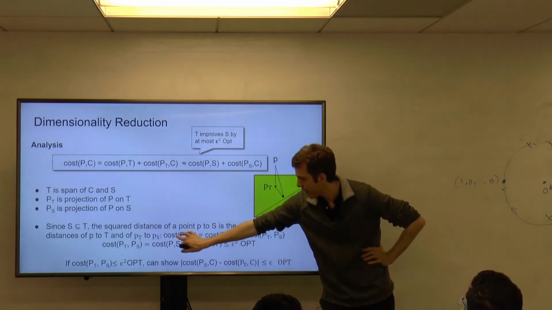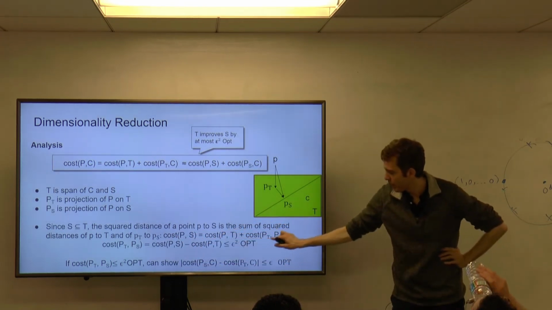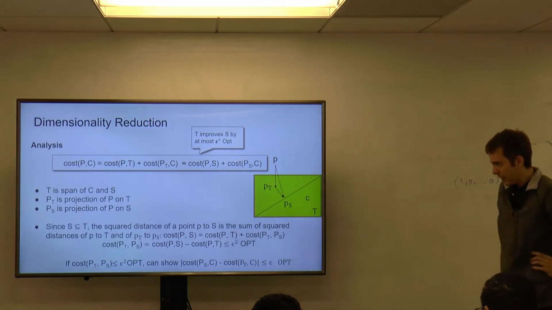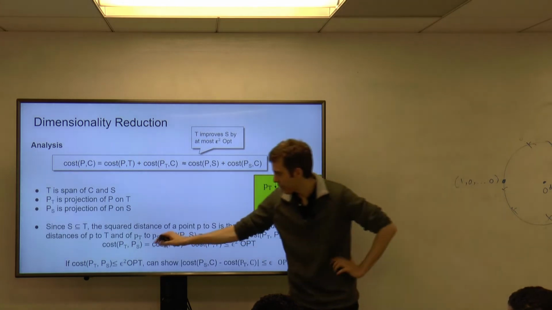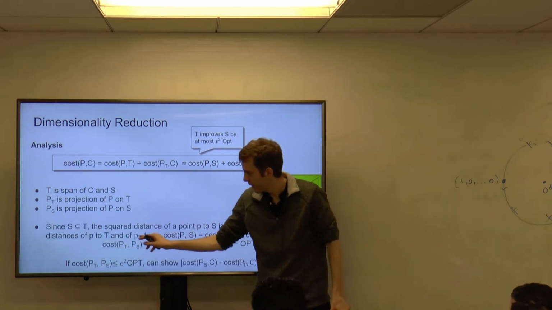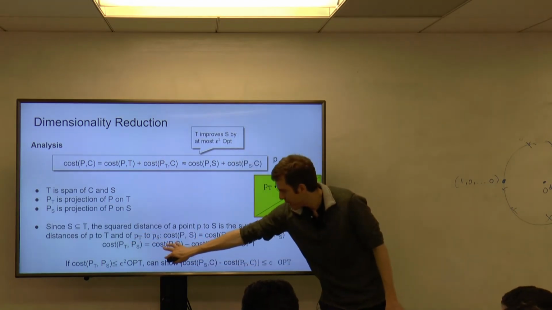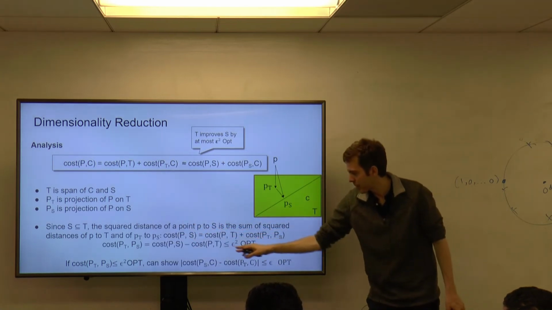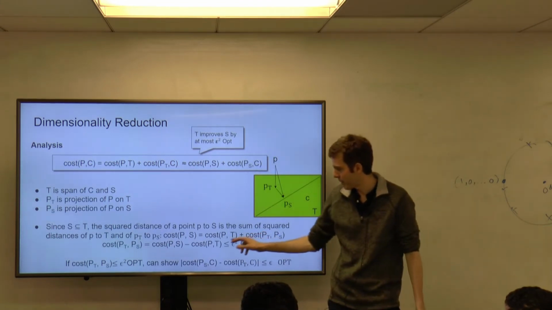So I have cost of P comma S is cost of P comma T plus cost of moving the point PT to PS. And just rearranging this, the average square distance between projected points onto T and projected points onto S is the cost of PS minus cost of PT. That's at most epsilon squared opt, right? As you already told me, this is the termination condition.